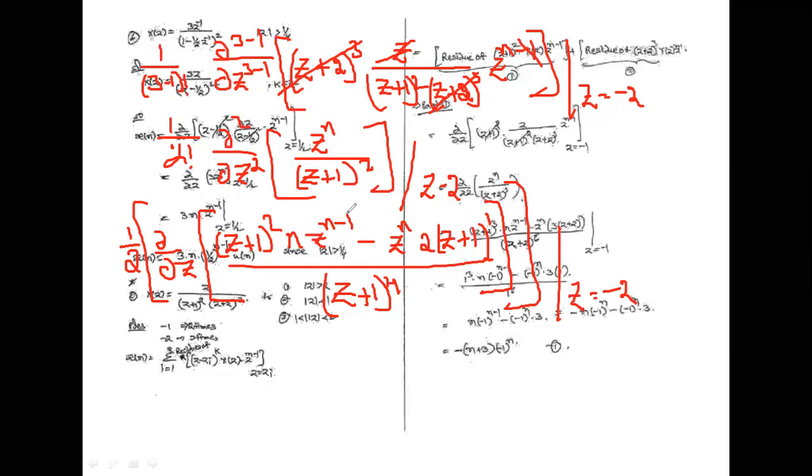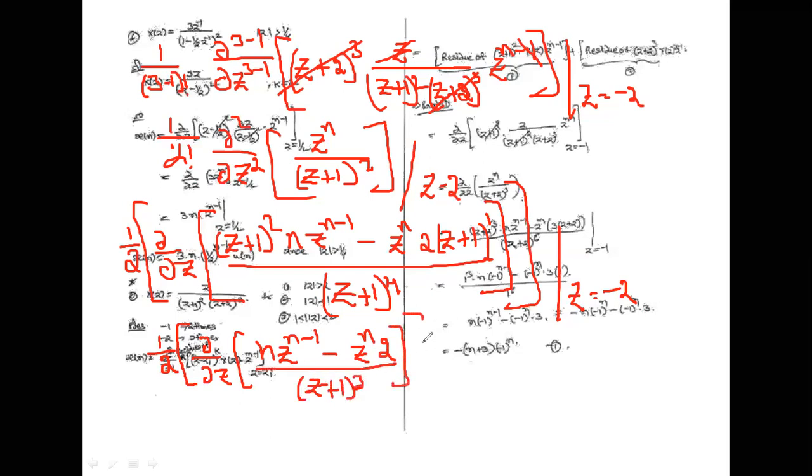And again, you can simplify here. Inside it is simplified 1 by 2, and the dou by dou z is there. Take the z plus 1, and z plus 1 is common here. In this, the z plus 1 whole power 4 is there. So it becomes n into z power n minus 1 minus z power n into 2, whole divided by z plus 1 whole cube.